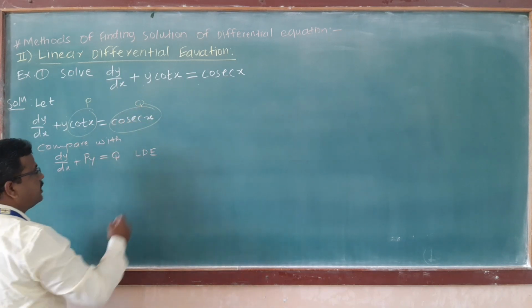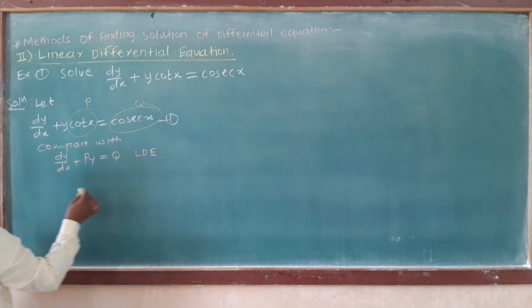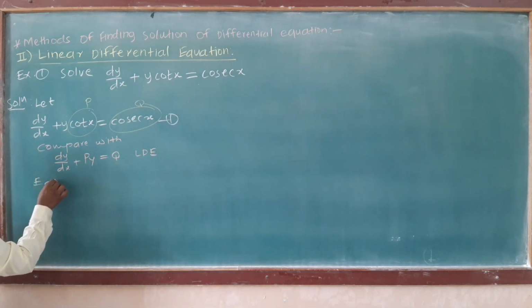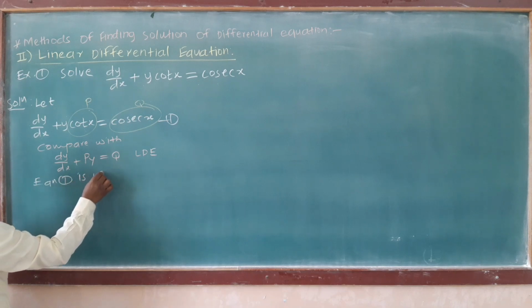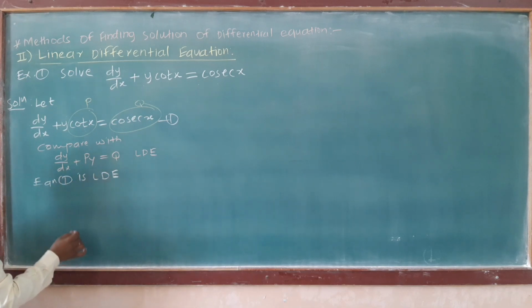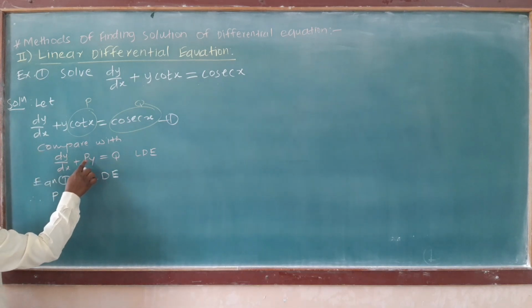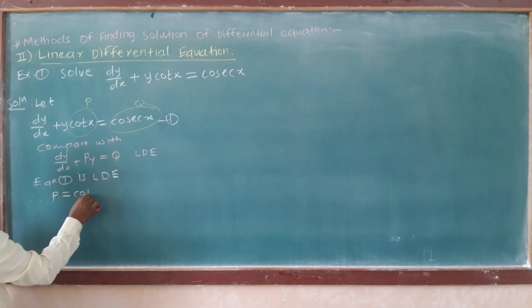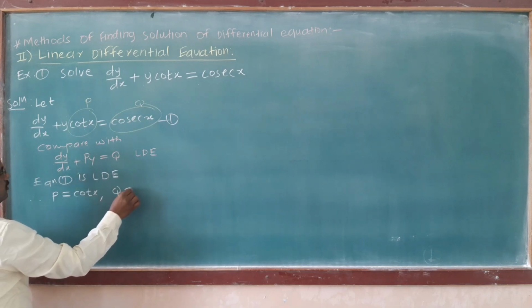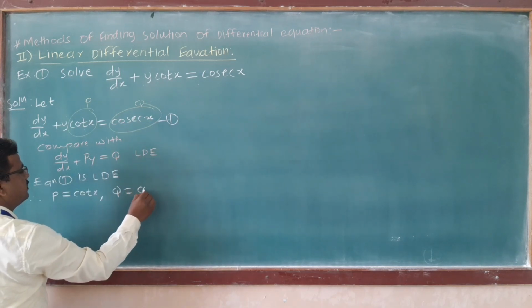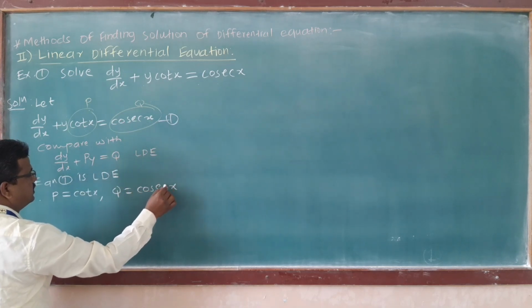Therefore equation 1 is a linear differential equation. If we compare, therefore we get p, the coefficient of y, is equal to cot x, and q, the right hand side, is cosec x.